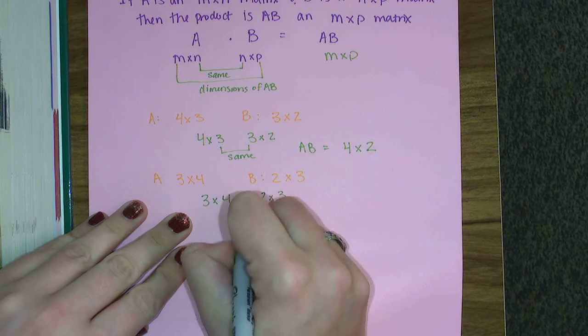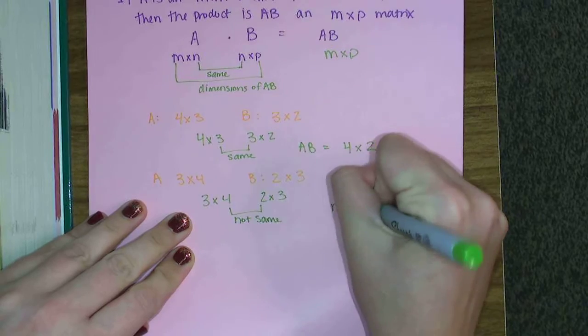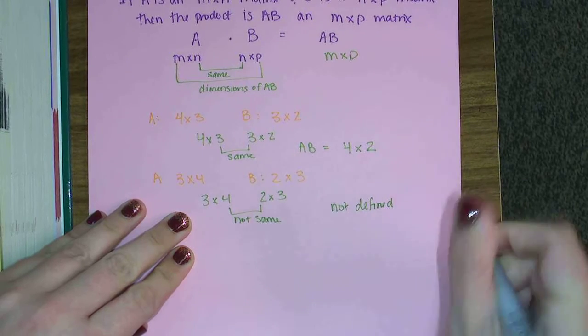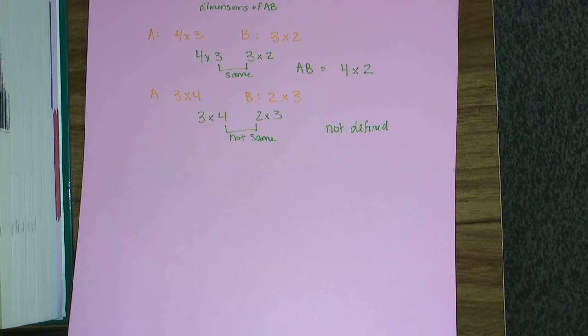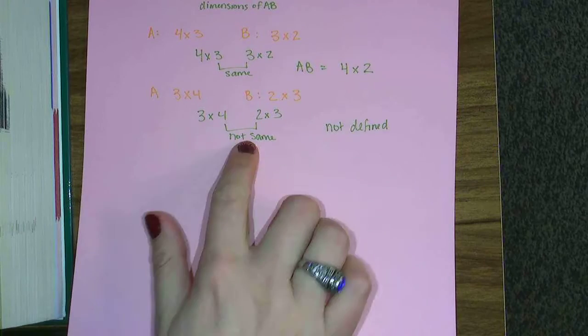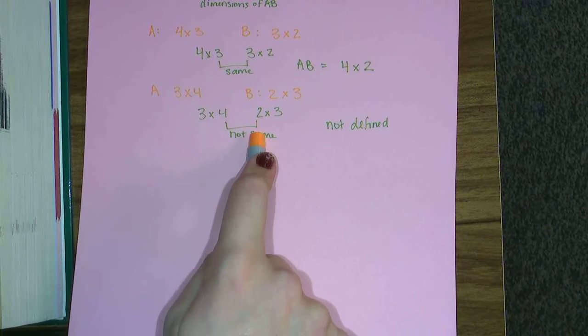These two are not the same, therefore it's not defined. Okay, so that's the rundown. So that's the first thing we always have to check, is if the dimensions are such that it works. If they're not, it's not defined. So I might give you some really hard problem or something that looks really hard and the dimensions aren't the same, and then you can't do it.